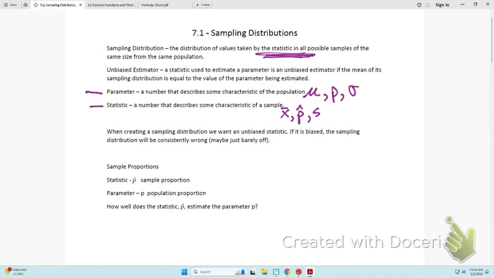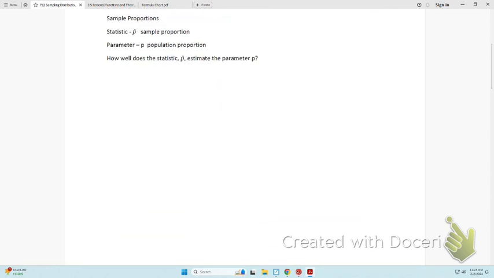So more specifically, this handout is looking at sample proportions and the sample proportion sampling distribution. So let's write a little bit about how well the stat P hat estimates P. I'm going to scroll down a little bit. We're going to write a little bit down here.